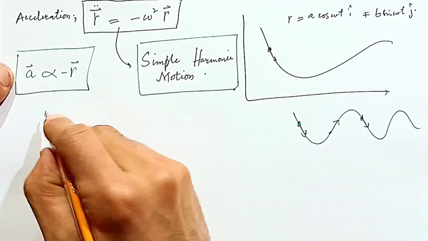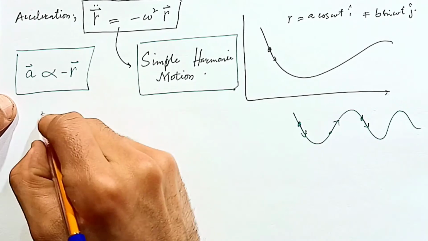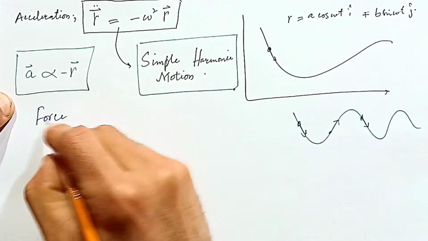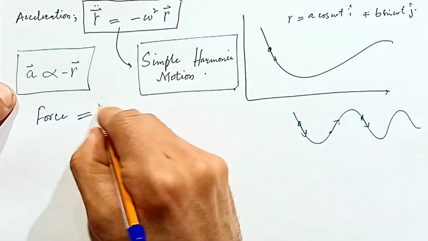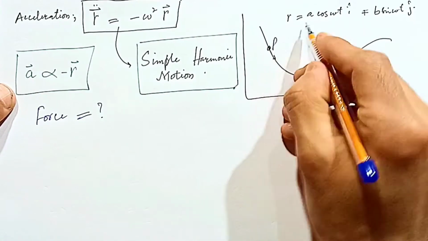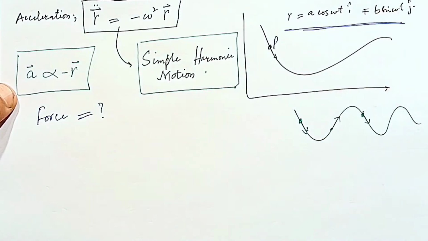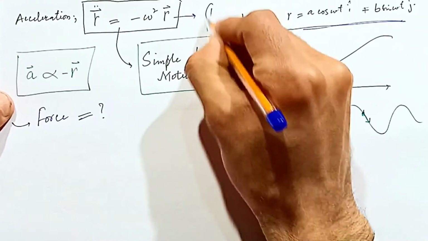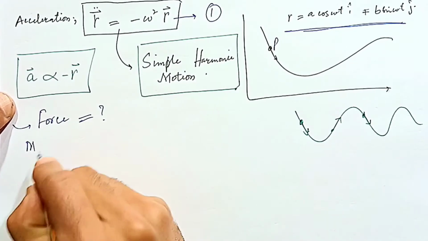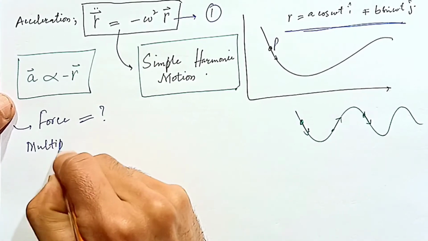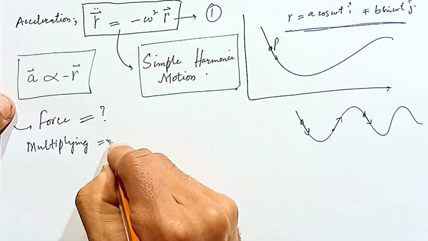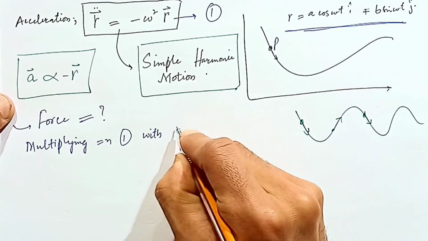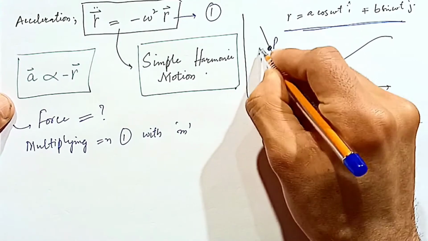Now we are concerned with the force acting on this particle P, which is following this very equation. To calculate the force, applying the second law, we multiply equation A throughout with the mass of the particle, m.